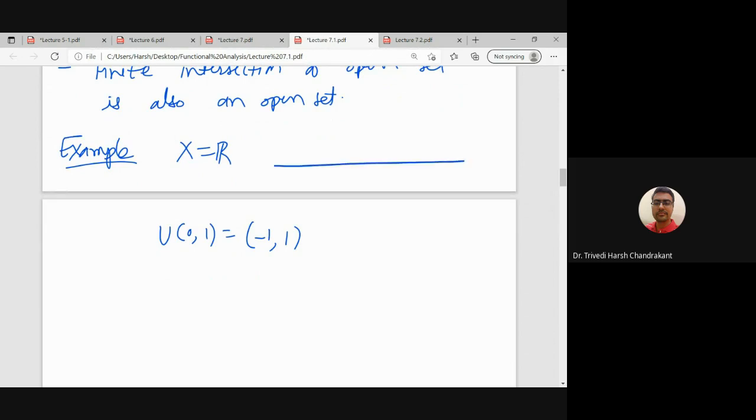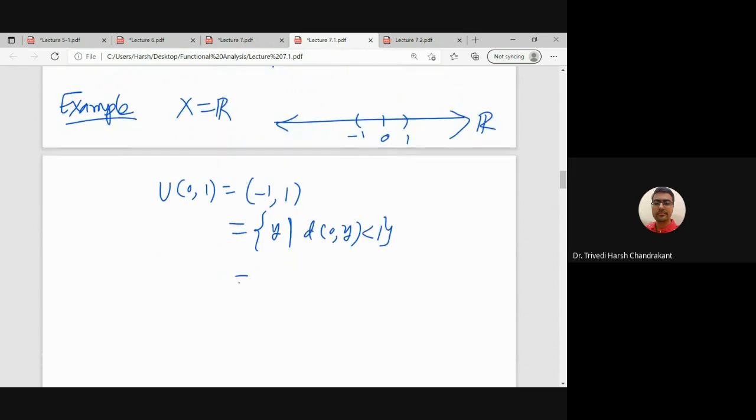Because we have a real line, center is 0, radius is 1, so here length is 1. So how do we define this? We define it as y such that the distance of 0 and y is less than 1. Here distance is modulus, that is less than 1.